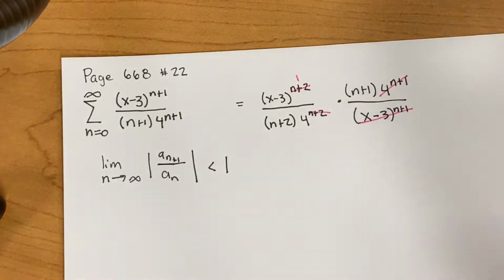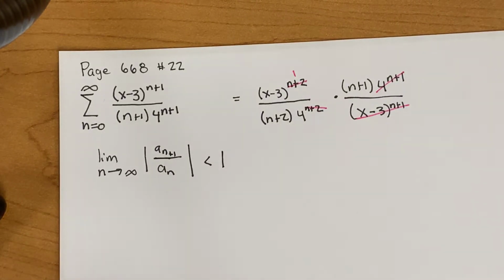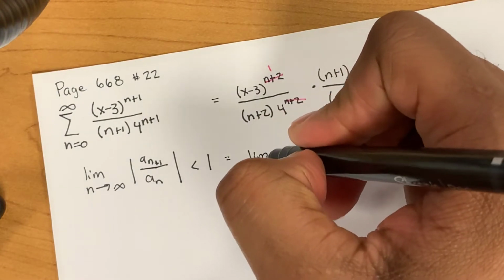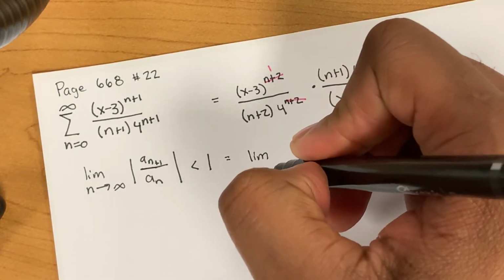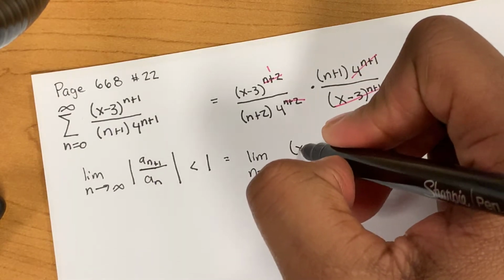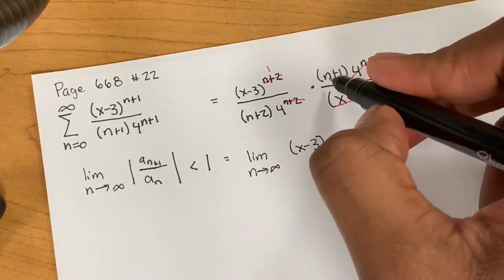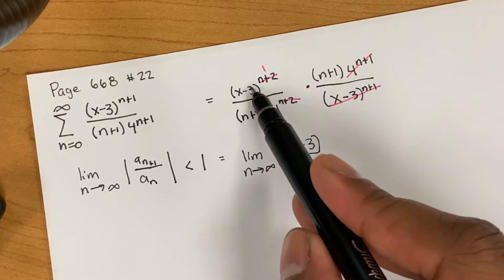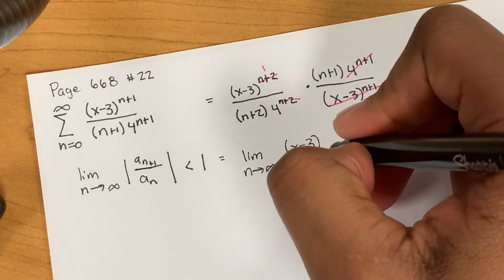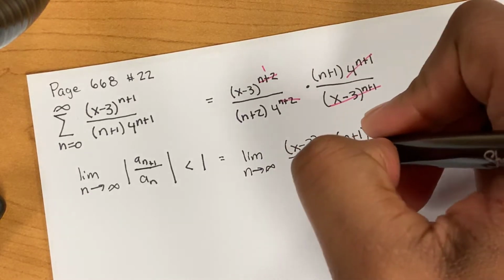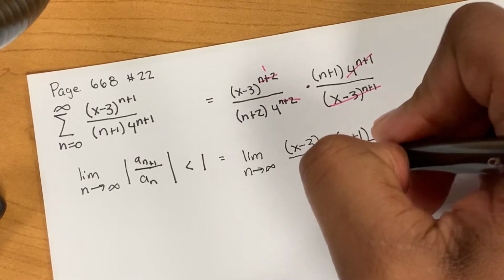Once we apply our limit, we're going to get the limit as n approaches infinity of x minus 3 over 4, because neither one of these has an n, and then multiplied by n plus 1 over n plus 2.